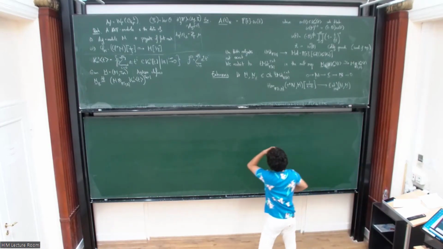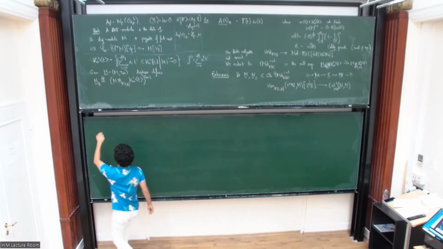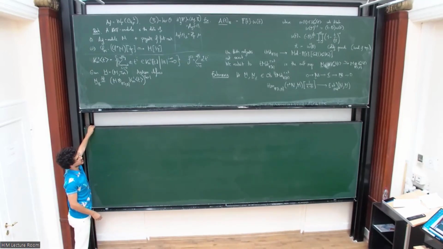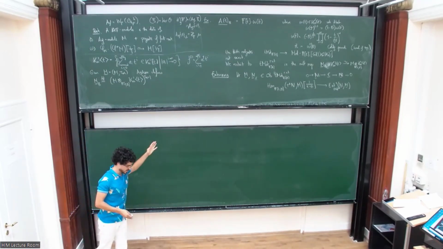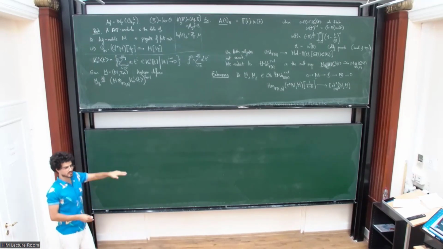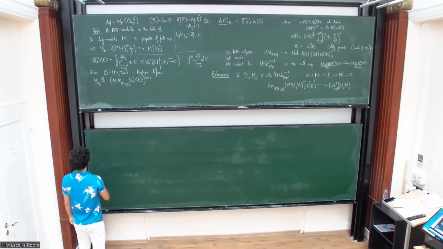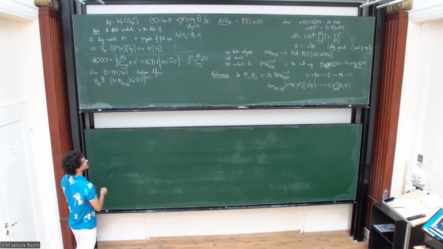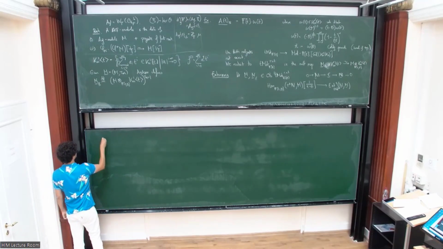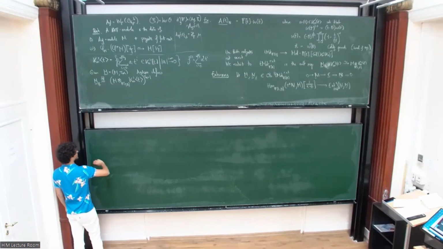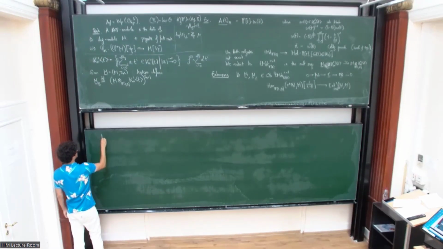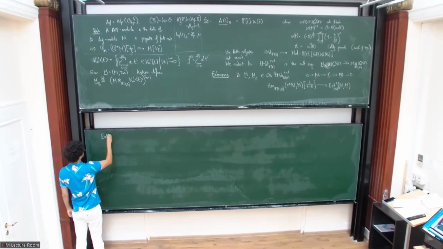So maybe let me just explain the case where n is the trivial object. By the trivial object, I just mean the rank one object where the Frobenius is just the identity, the semi-linear multiplication by one. In which case you just have an isomorphism.